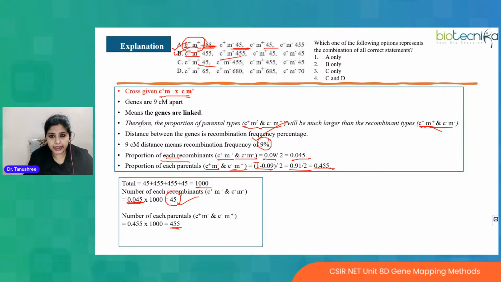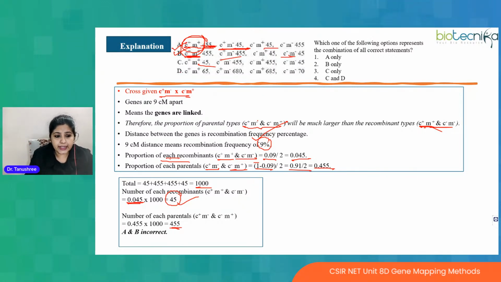Whatever values we are getting, it doesn't match the data given for statements A and B. Similarly, for recombinants, C plus M plus and C minus M minus, these two values are not correct. C plus M plus recombinant, according to the values we are calculating, should be 45. So the answer cannot be A and B. So A and B are incorrect.